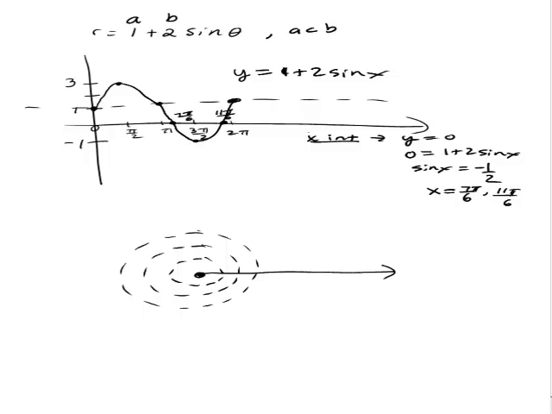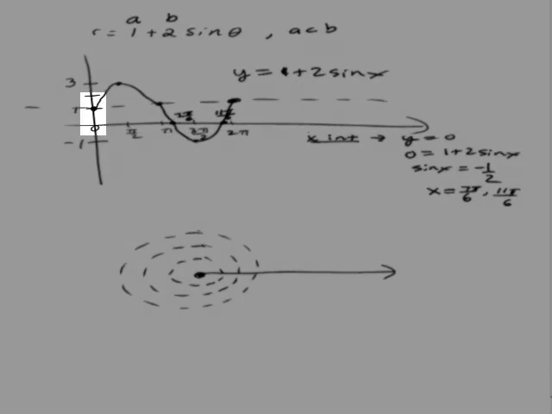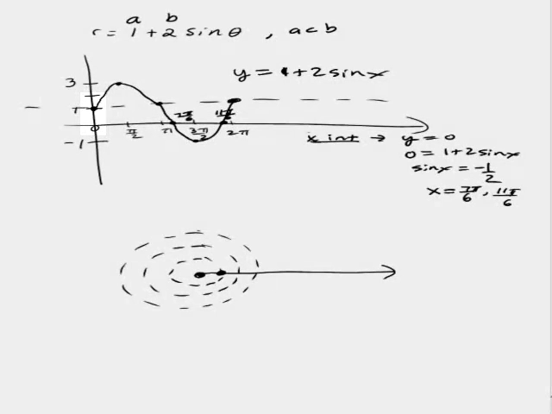Other than that, we just graph the same way we've been graphing. So let's start with the angle equals 0. When theta is equal to 0, r equals 1, so we're going to start right here. Our next point of interest is pi over 2. Pi over 2 is going to be this line right here.